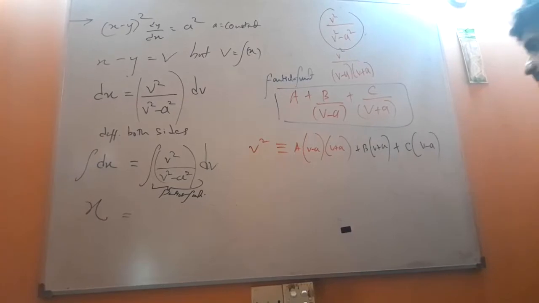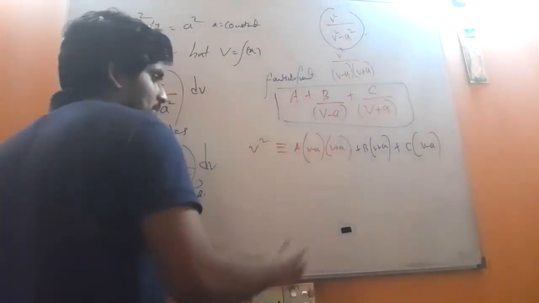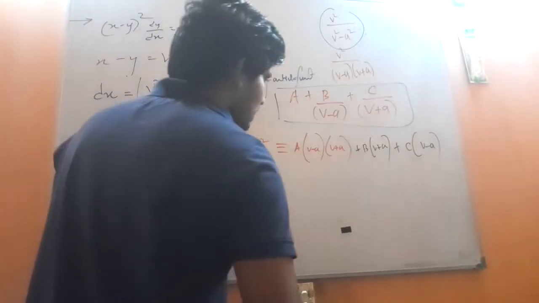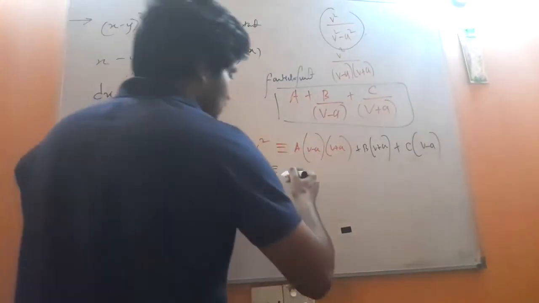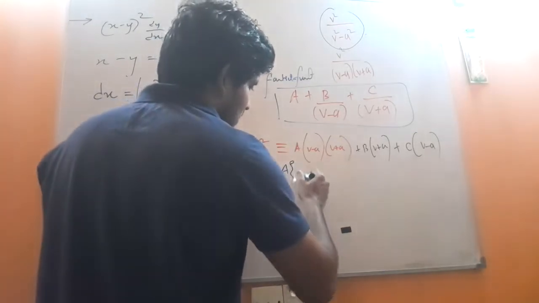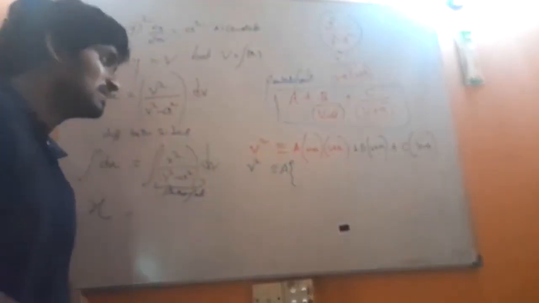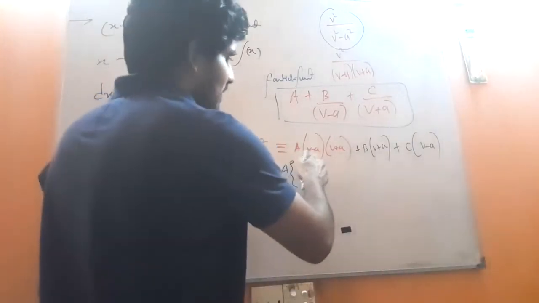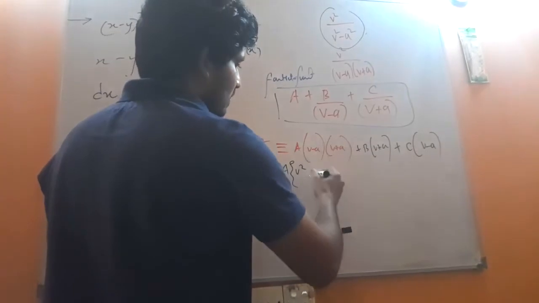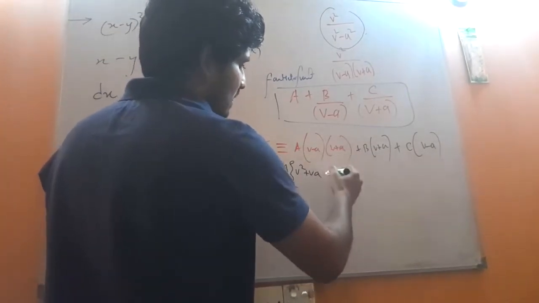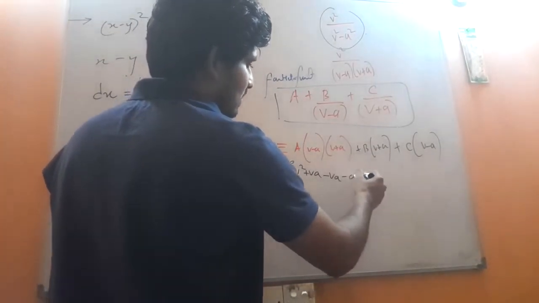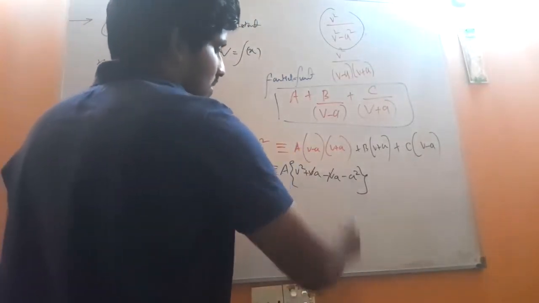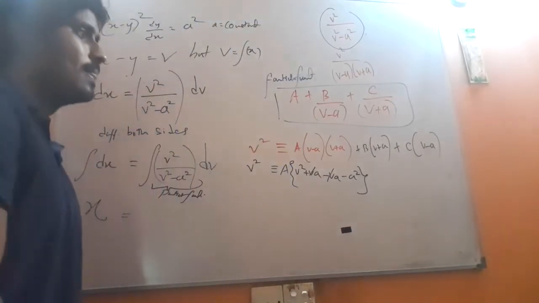So then what is the next thing you can do? It's better to separate the coefficients. V squared identically the same as, let's do the simplification here so that it is easy, right? Because most students cannot do that simplification in the mind, so let's do that. V squared, v plus va minus va minus a squared. Va we can cancel.